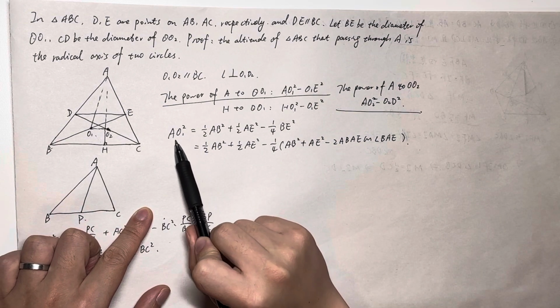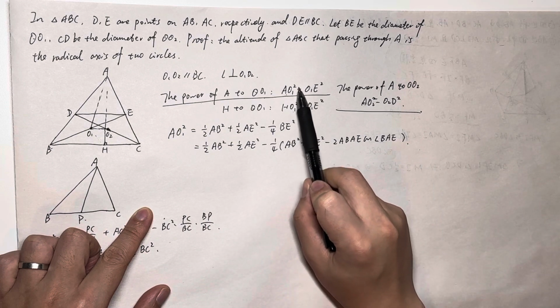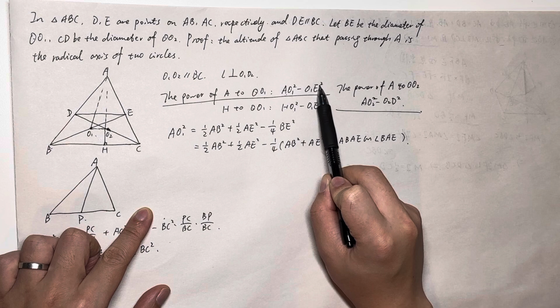We want to calculate AO1 squared minus O1E squared.